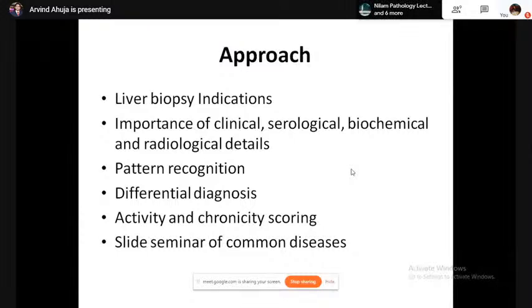Now, the second important point is the importance of clinical, serological, biochemical, and radiological details, because our diagnosis is most of the time based on serology and radiological details.